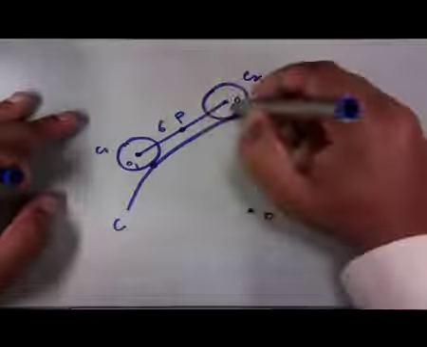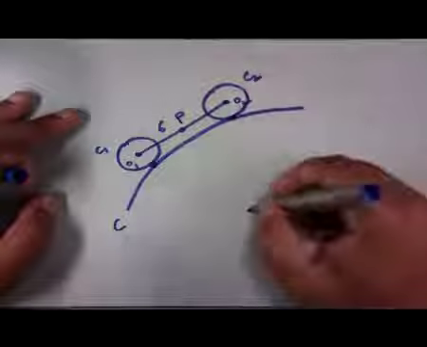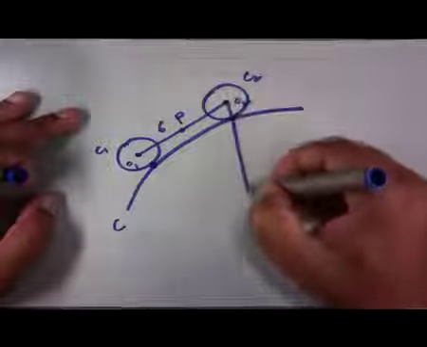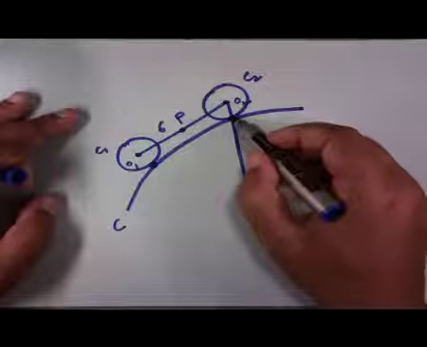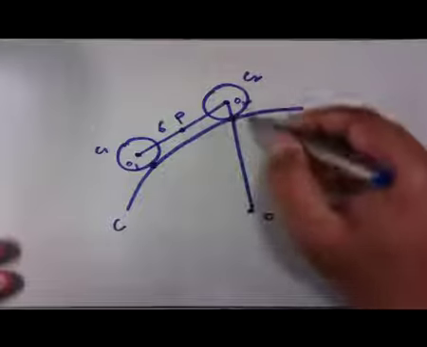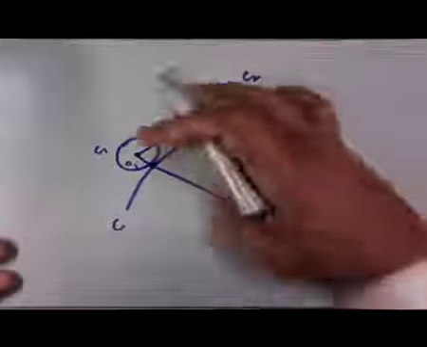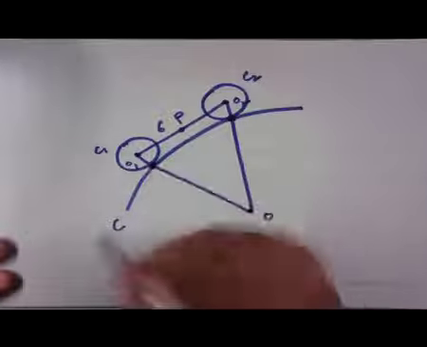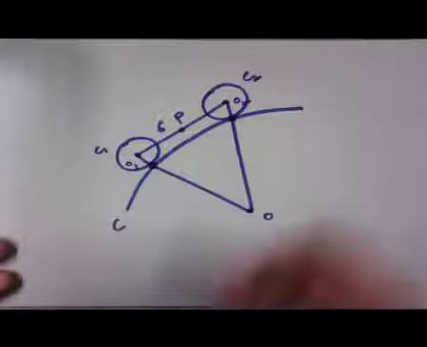So, if we connect these centers by a straight line, then this straight line will obviously pass through the point where these two circles touch. Similarly, the straight line joining O1 and O will also pass through this point here where the two circles C1 and C touch each other.